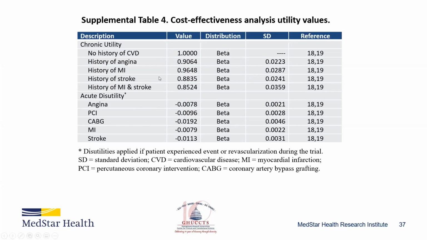So for example, if you had a history of MI and your utility value is 0.96, and you had another MI during the study, then you subtract 0.0079 from that. But that's the two primary distributions that we're going to look at in cost-effective analysis.